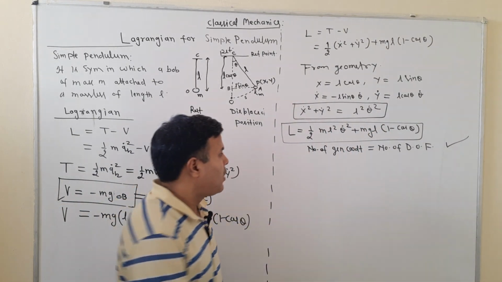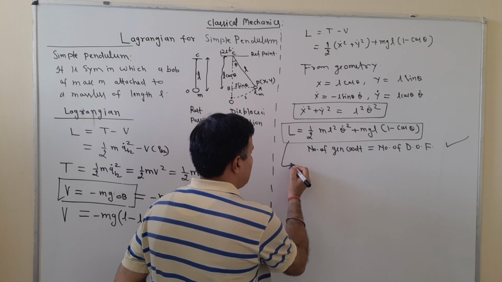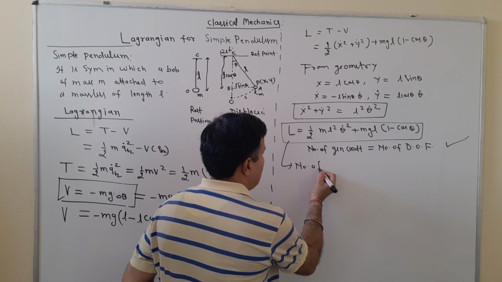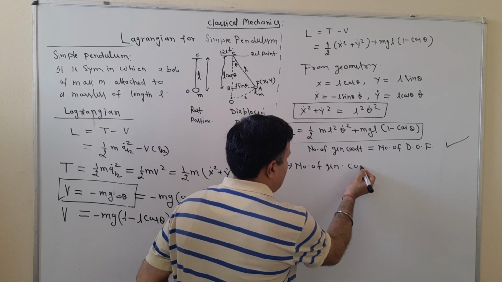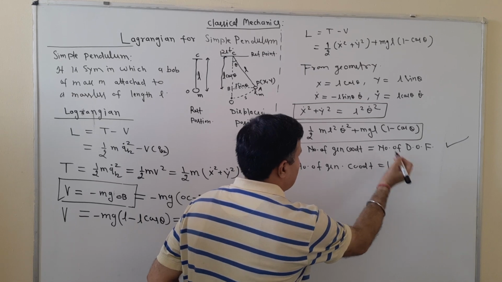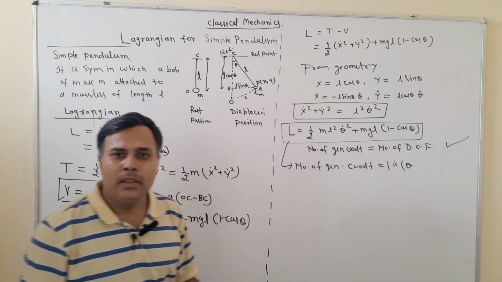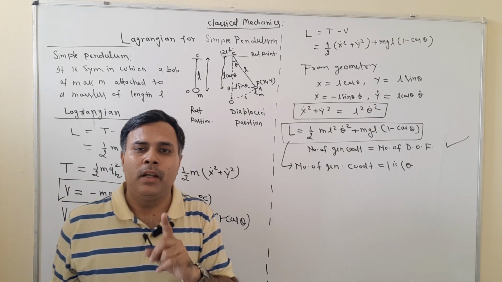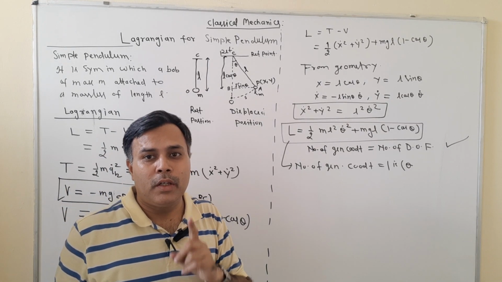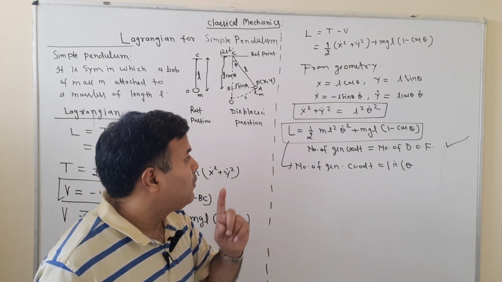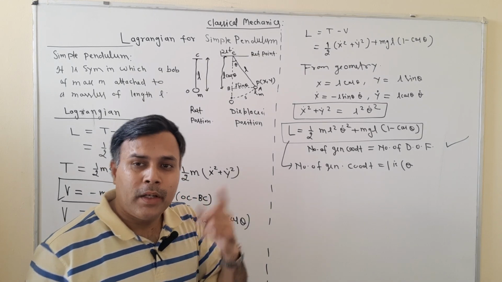In this case, the number of generalized coordinates corresponding to this Lagrangian is 1, that is simply theta. Our L is in theta, so we have only one generalized coordinate, so definitely we should have only one degree of freedom. So let us evaluate.